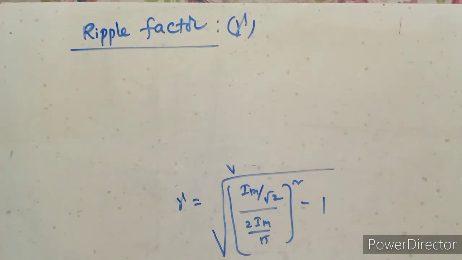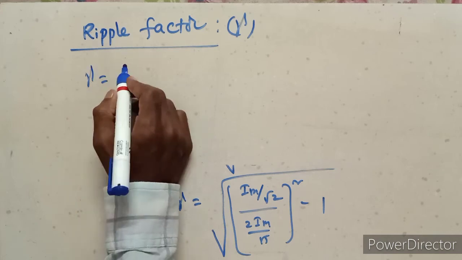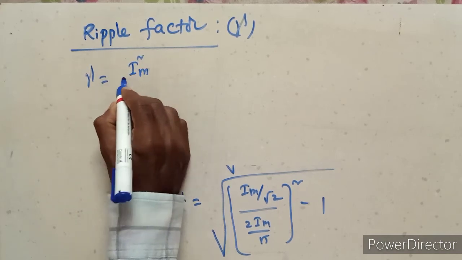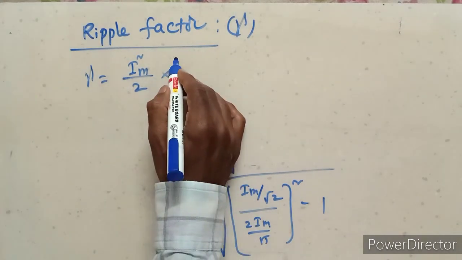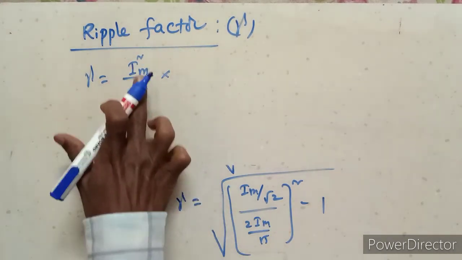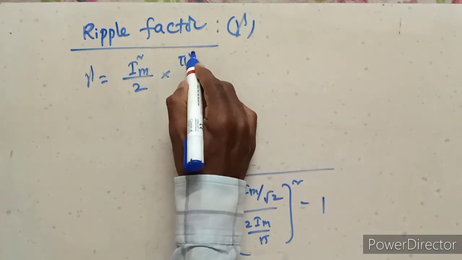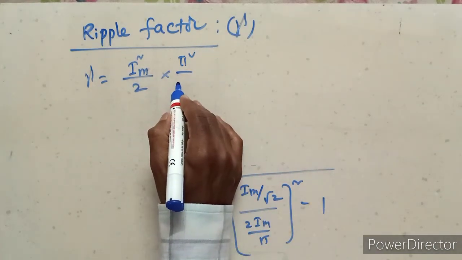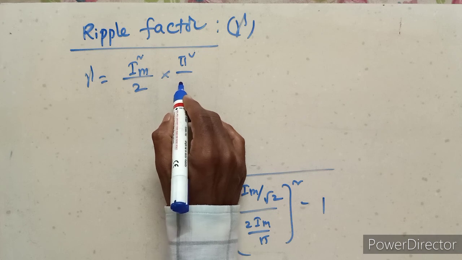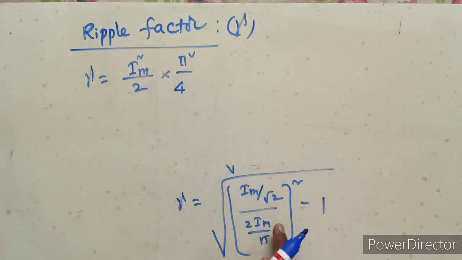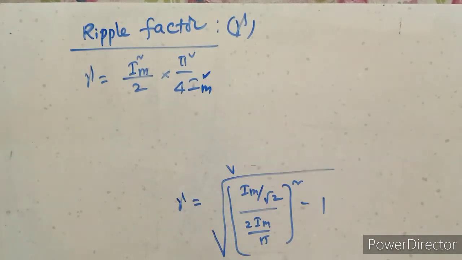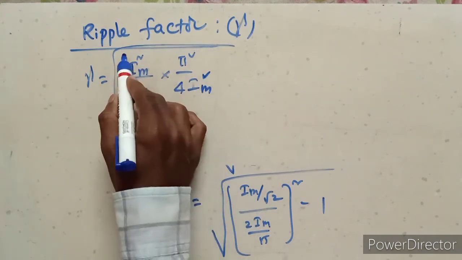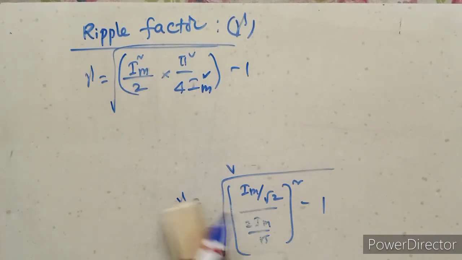This equation can be written as eta equals under root of I square m upon 2 into pi square upon 4 I square m, minus 1.